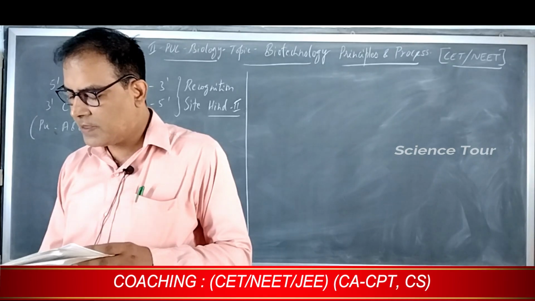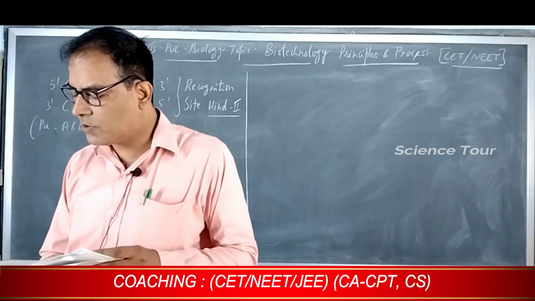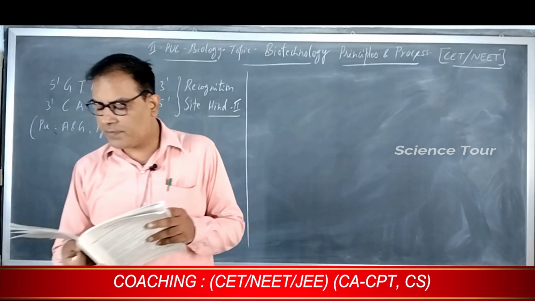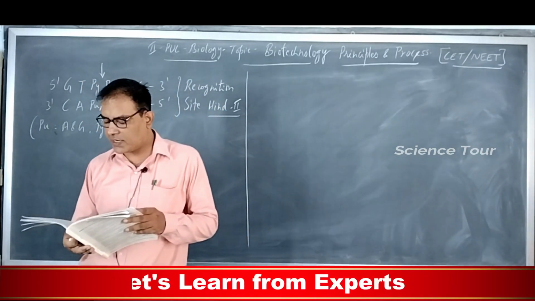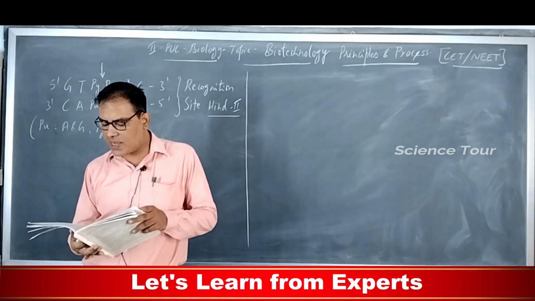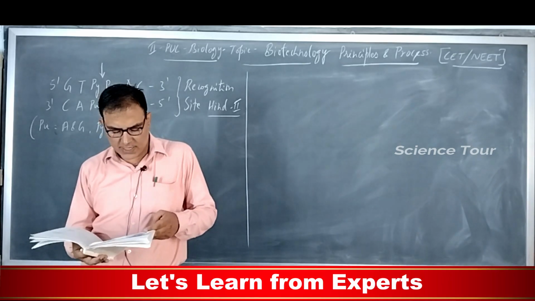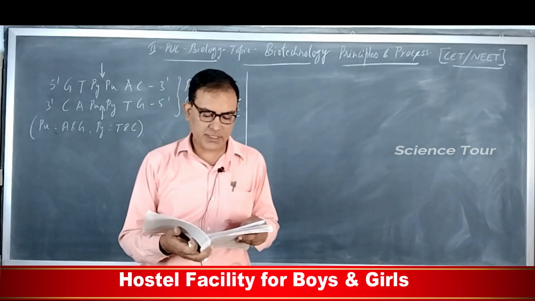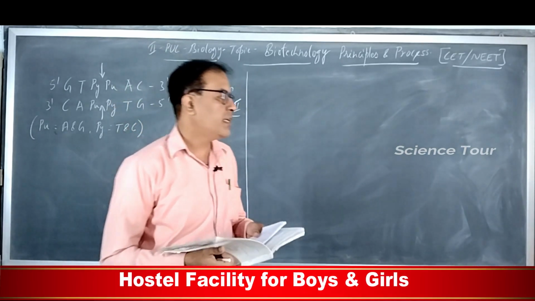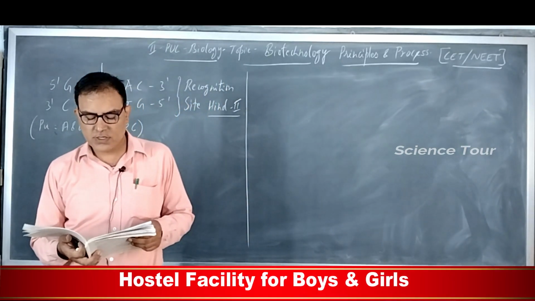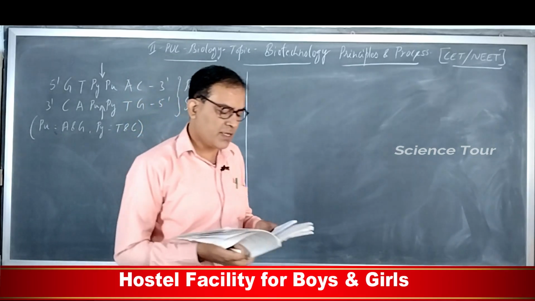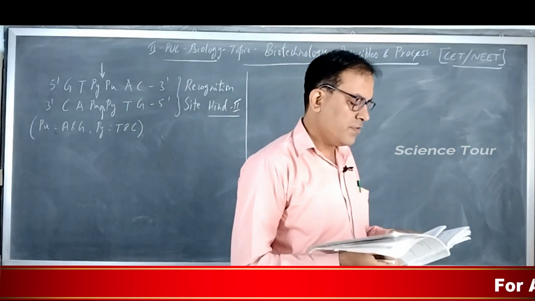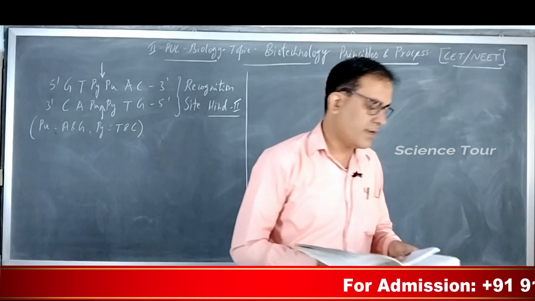Question number 3. The transfer of genetic material from one bacterium to another through the mediation of a vector like a virus is termed as transduction. The answer is transduction. Transduction involves viruses. These are the bacteriophages which infect the bacteria.